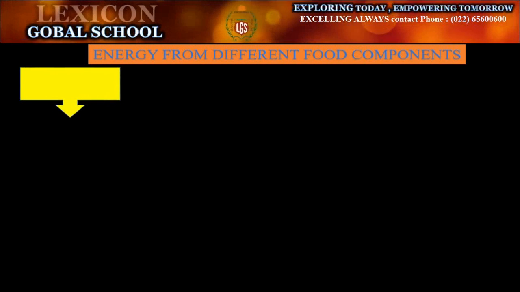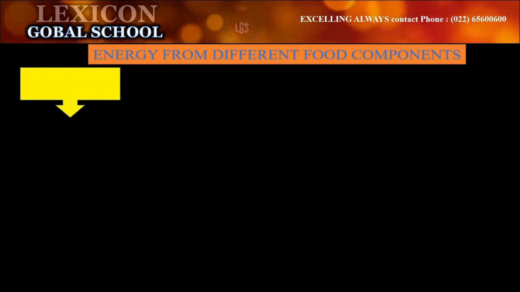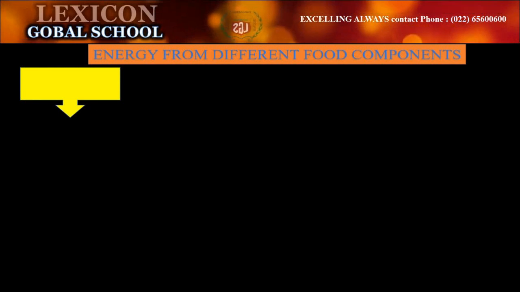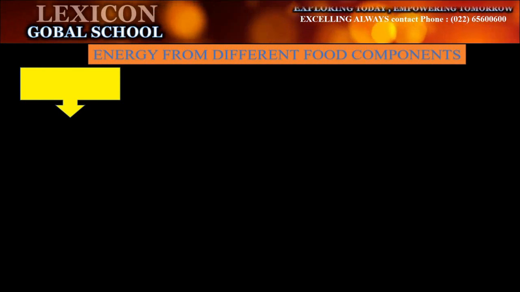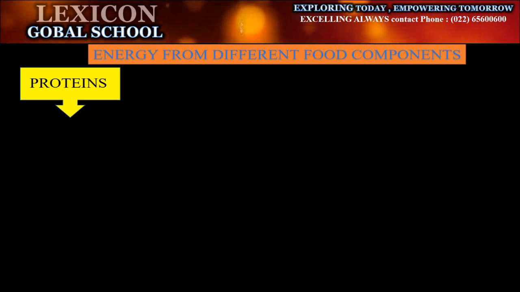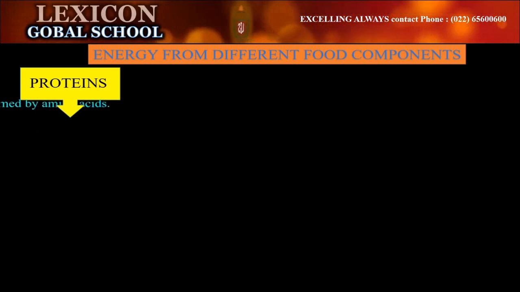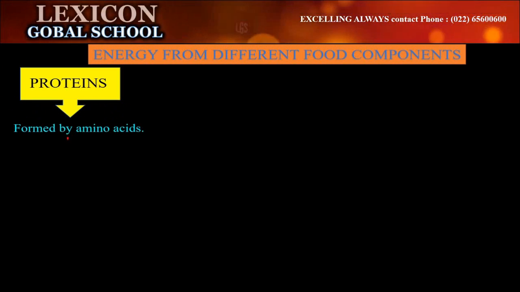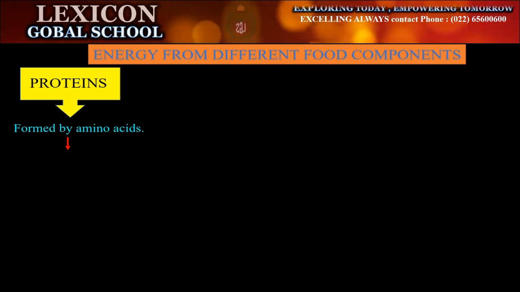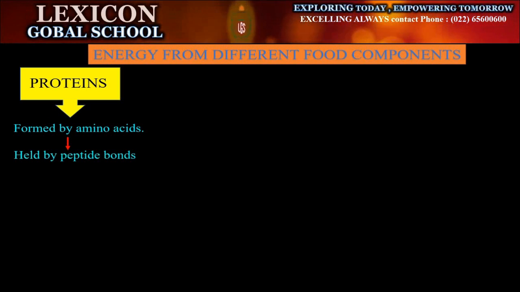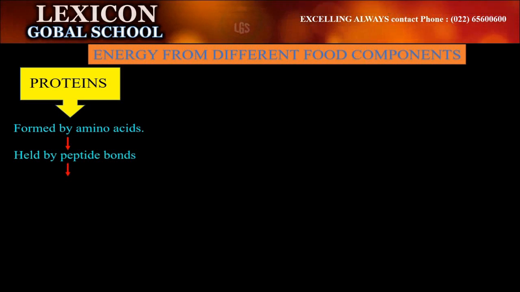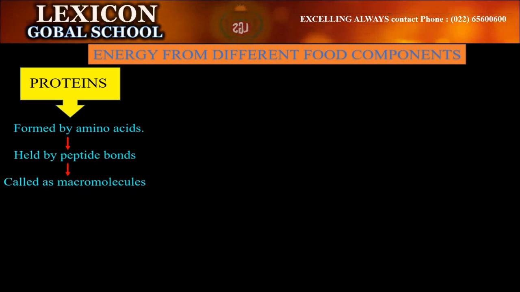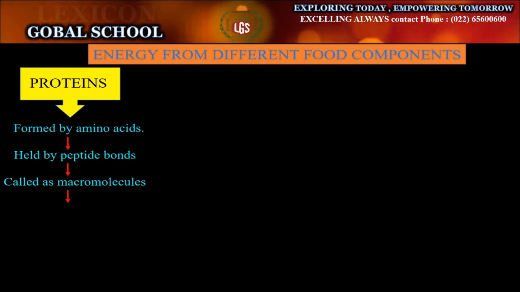So, carbohydrates which are not utilized are stored in liver and muscles in the form of glycogen. Proteins are formed by amino acids which are held by peptide bonds. Therefore, it is called a macromolecule. When proteins are digested, they are converted back into amino acids.